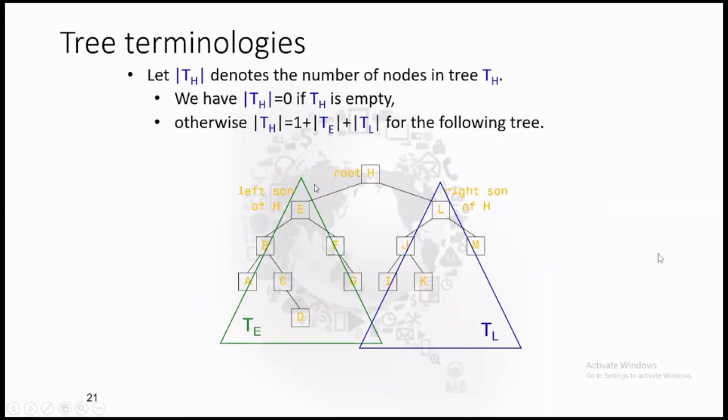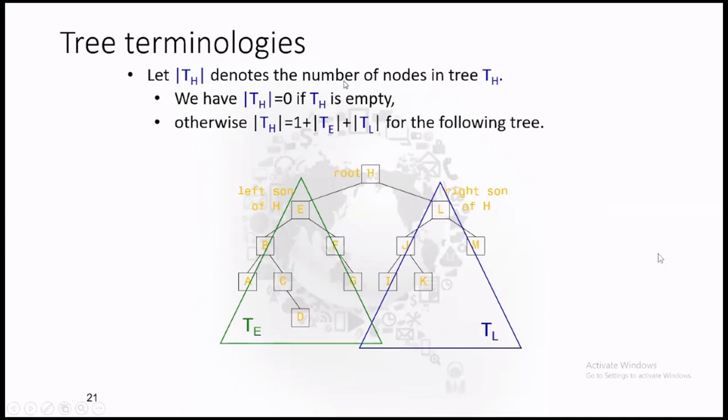So in here, let's say we divide this part. This is E and this is L, where these are subparts. Why? Because if you want to know the number of nodes of TH, what we can do is calculate the nodes in this part, which is TE, and calculate the nodes in TL, and then add them all together.